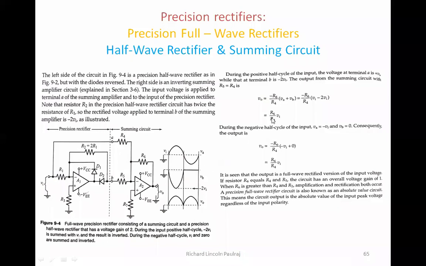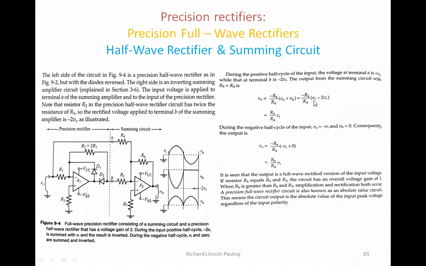We will come out with an equation where V0, the final output, is equal to minus R6 by R4, where R6 is the feedback, and the input voltages VA and VB are both added and then sent. So V0 is equal to minus R6 by R4 times VA, which is nothing but VI, plus VB, which is minus 2 VI.